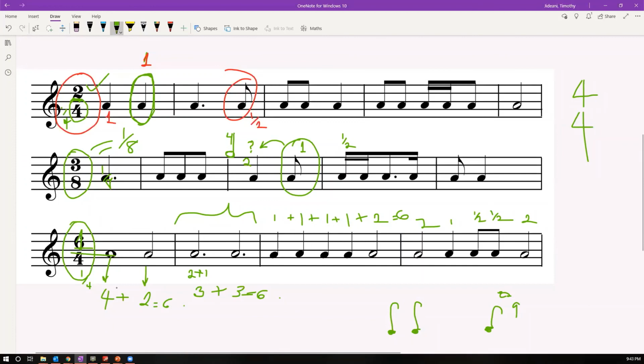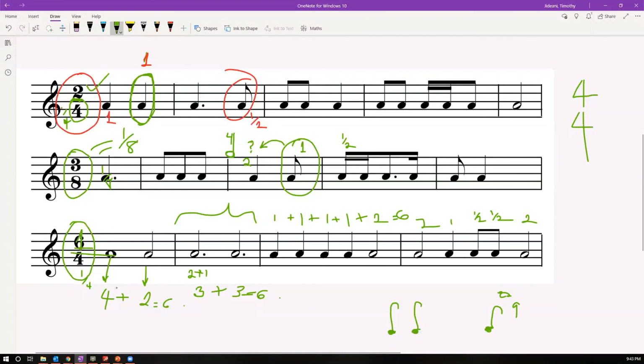Okay, it'll be 1, 4. So remember our beat is 6. So 1, 2, 3, 4, 5, 6. 1, 2, 3, 4, 5, 6. 1, 2, 3, 4, 5, 6. 1, 2, 3, 4, 5, 6.